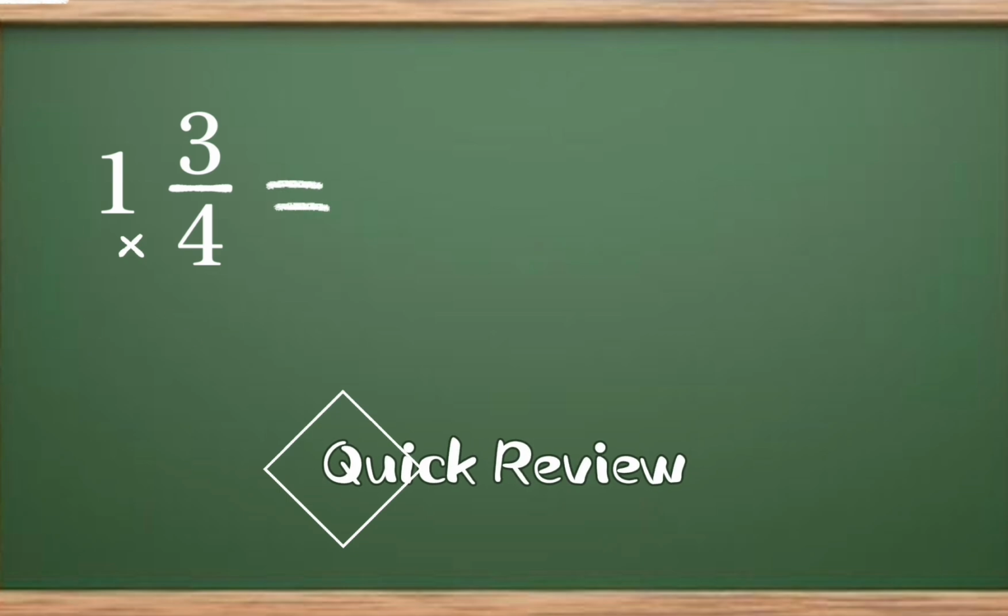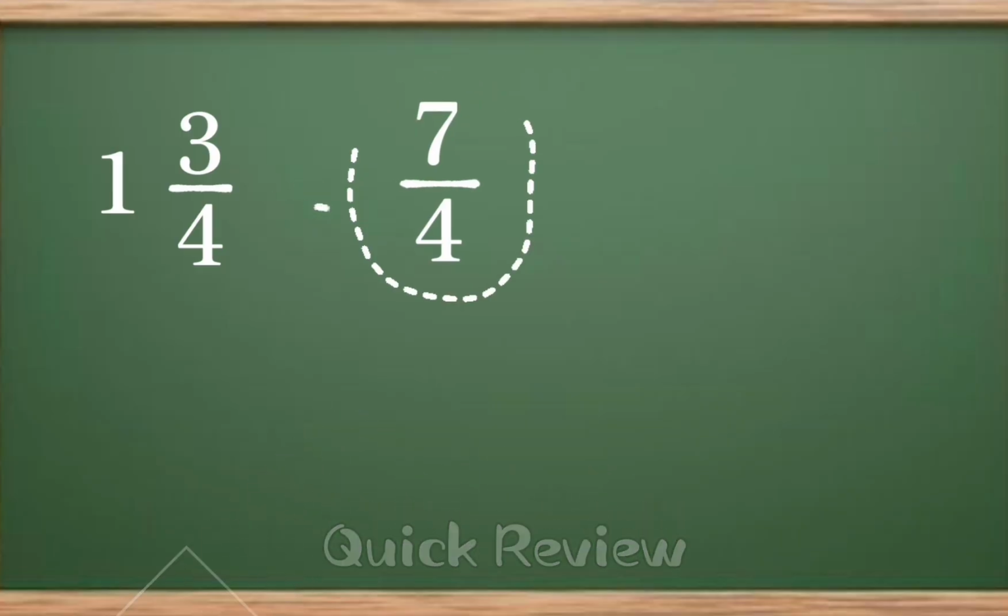And then, add it to the numerator. Plus 3 is 7. And then, we simply copy the denominator 4. Now, 1 and 3/4 is equivalent to the improper fraction 7/4.